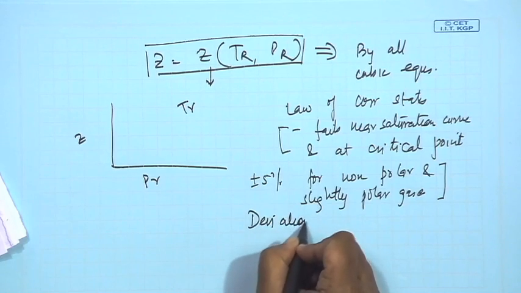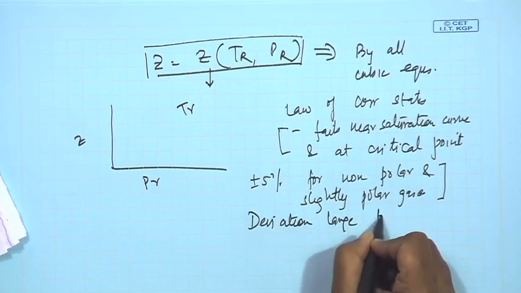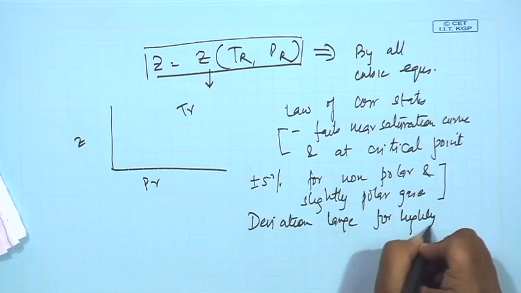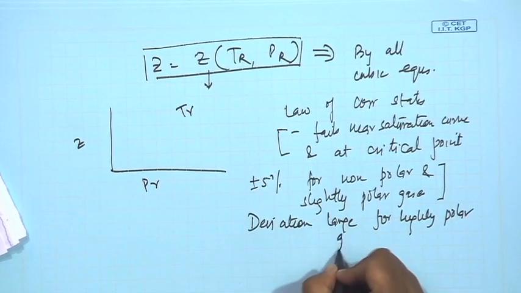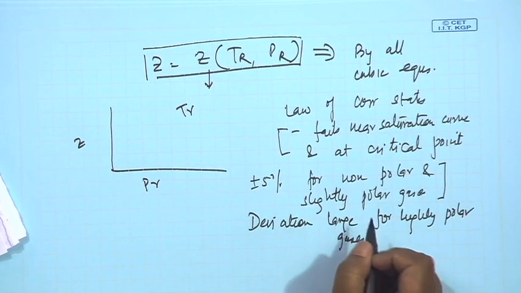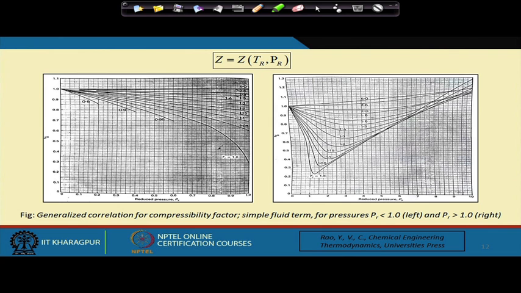Remember, deviation is large for highly polar gases. So we find that this is a very powerful tool we have, and people have often tried to use this in absence of any other additional data.